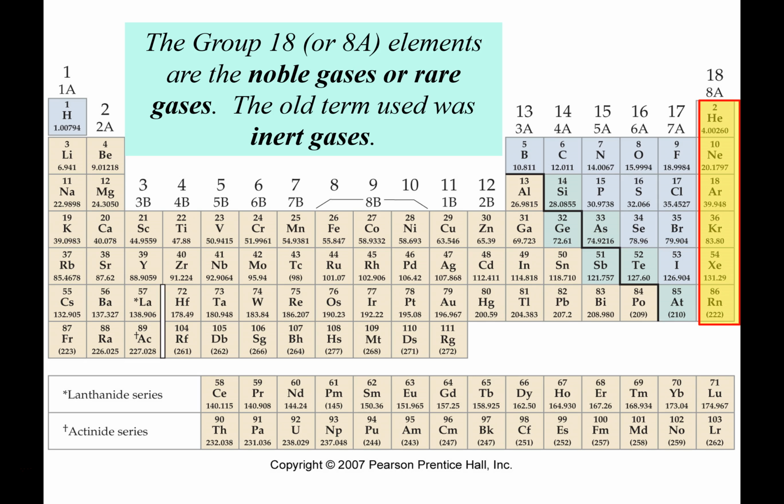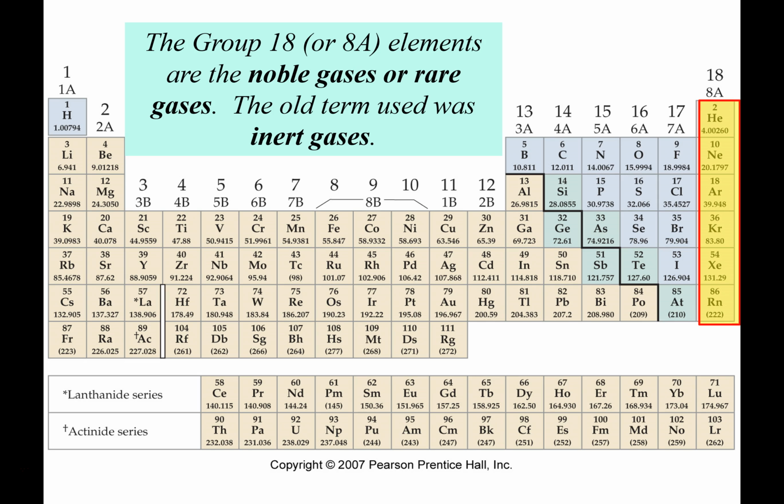So as some of you know, with those 8A elements, when we talk about an atom wanting to pick up electrons to become an anion, negatively charged, or kick off electrons to become a cation, positively charged, I don't know if you remember, but they're going to do that to get like these guys over here, electronically speaking. So they're called noble gases or rare gases or inert gases. Noble and rare because they are not very abundant.